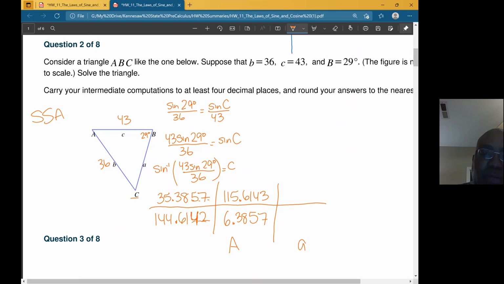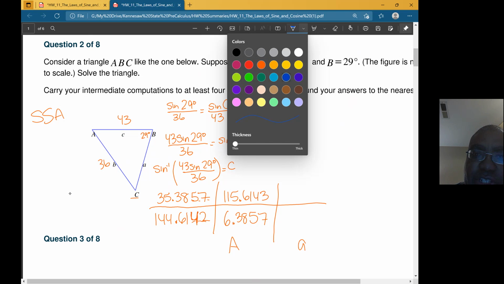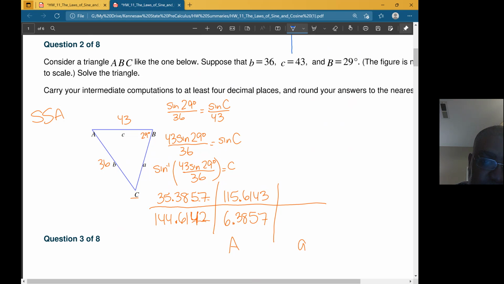Okay. So now we're going to use the law of sines because now we have big A. Now we're going to use the law of sines to find little a, but we have to do two of them. So sine of 29 degrees over 36 is equal to sine of, this is big C. Yeah, so we'll do the first one.